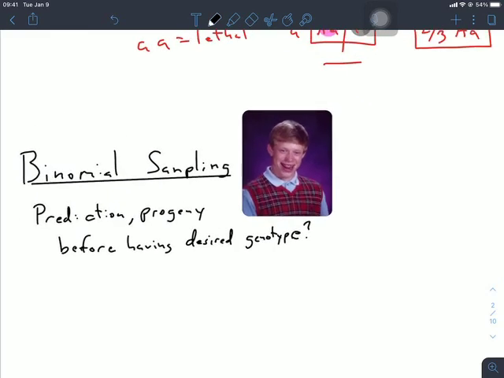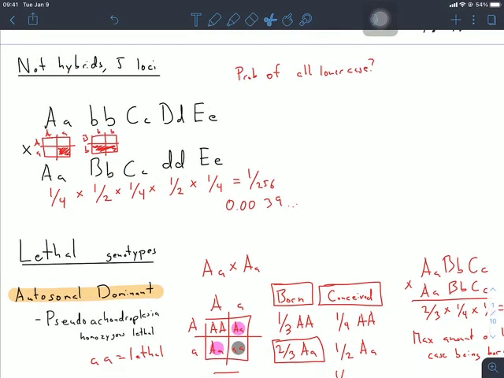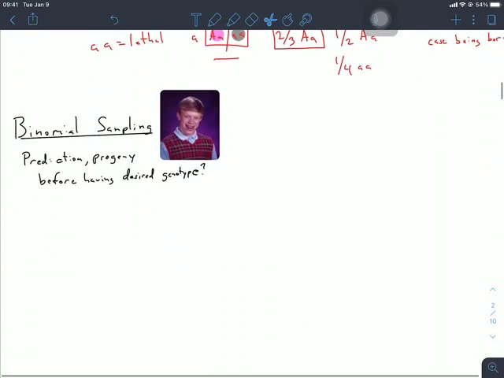Now for this, we're going to have to go back up to one of our crosses. So I'll go ahead and capture this situation and make it a little bit smaller.